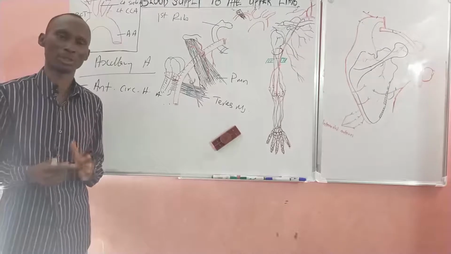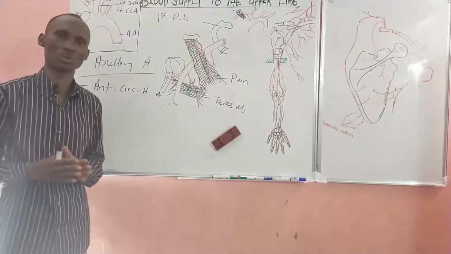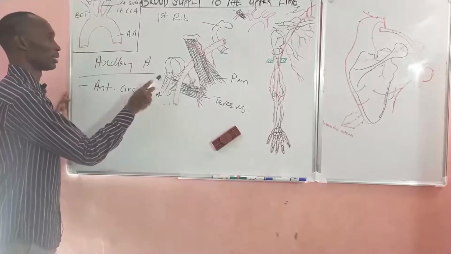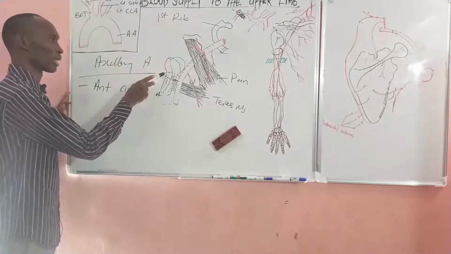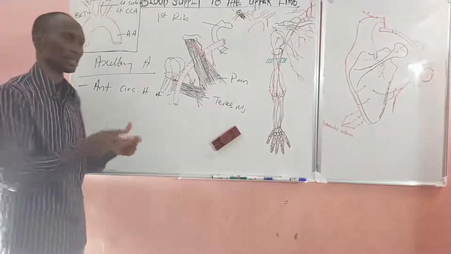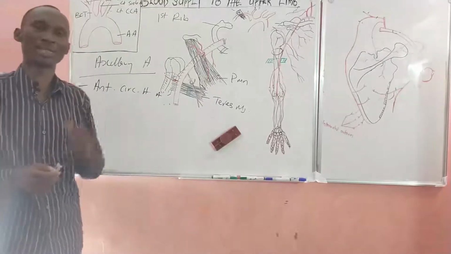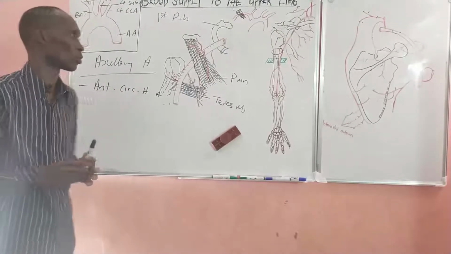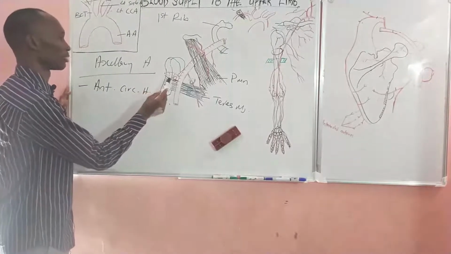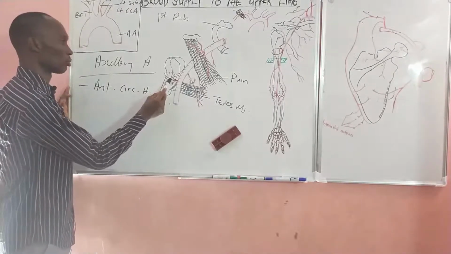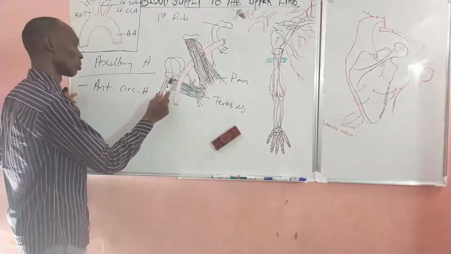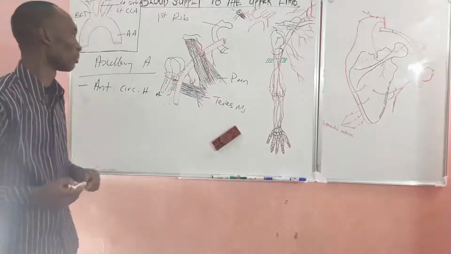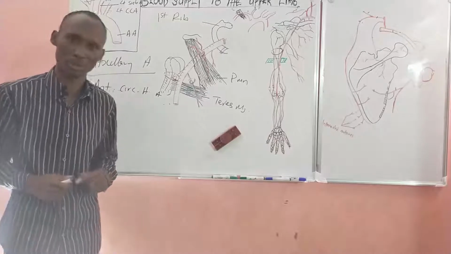That branch is part of the content of the bicipital sulcus. It ends by forming an anastomosis with the posterior circumflex humeral artery. So they form a circular loop around the surgical neck of the humerus. What the ascending branch does is run proximally through the groove, supplying both the humerus and the shoulder joint.